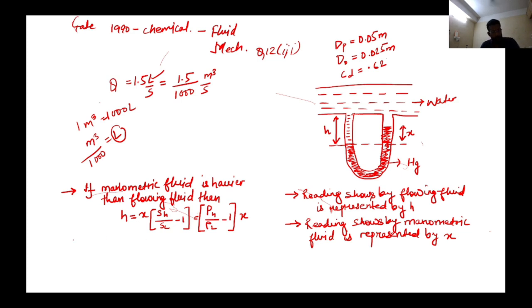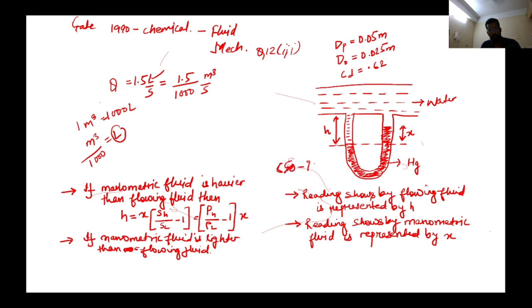And the last point in this concept is, if the manometric fluid is lighter than the flowing fluid. Suppose we have the manometric fluid as alcohol. Alcohol density ranges from 850 to 950.